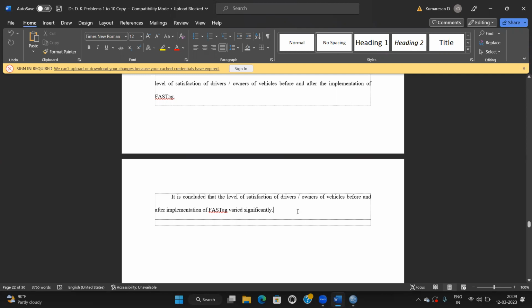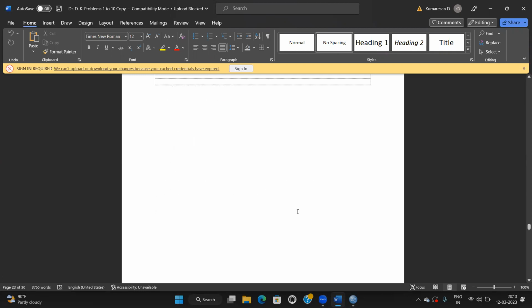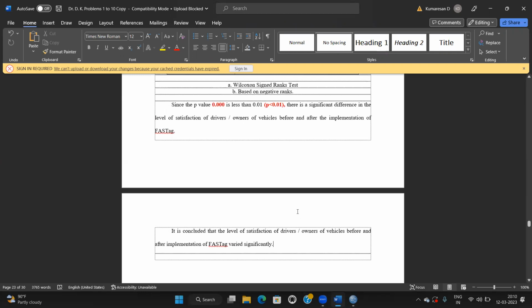So this is about the Wilcoxon test. There are three pairs we have compared: parametric and non-parametric, independent sample t-test and Mann-Whitney U test, one-way ANOVA and Kruskal-Wallis, paired sample t-test and Wilcoxon test. That's all.